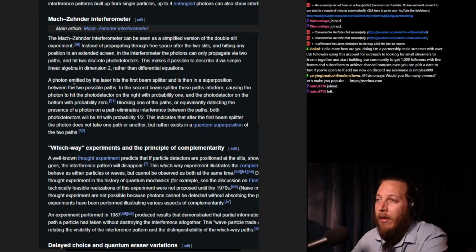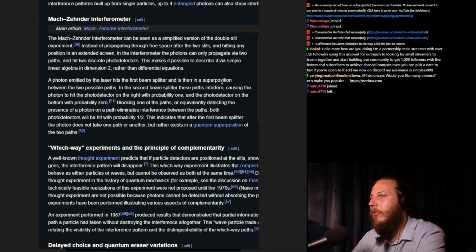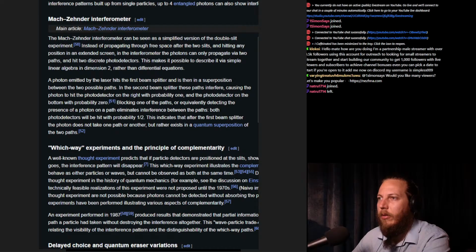A photon emitted by the laser hits the first beam splitter and is then in a superposition between the two possible paths. Yes, okay. And in the second beam splitter, these paths interfere, causing the photon to hit the photodetector on the right with probability 1. Down just a wee bit more. And the photodetector on the bottom with probability 0.